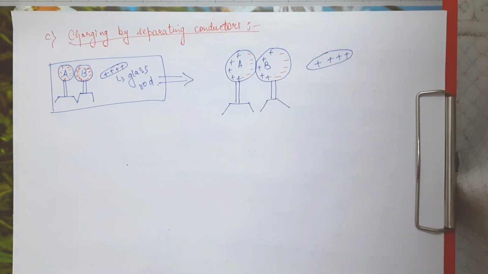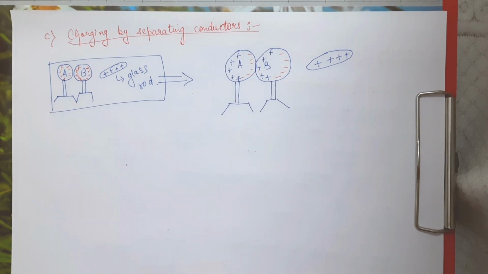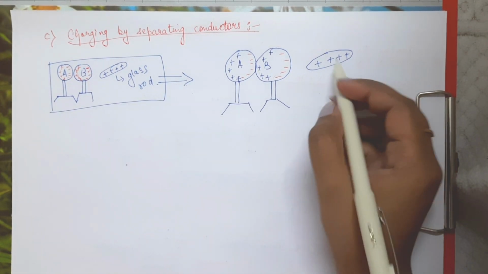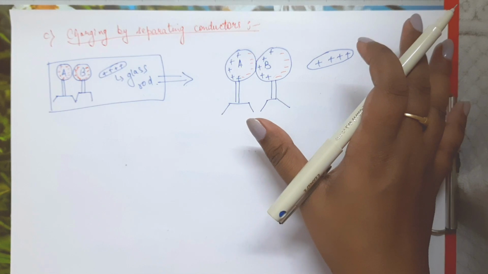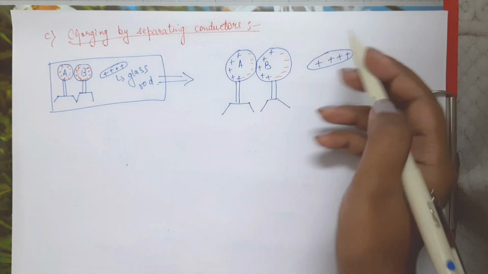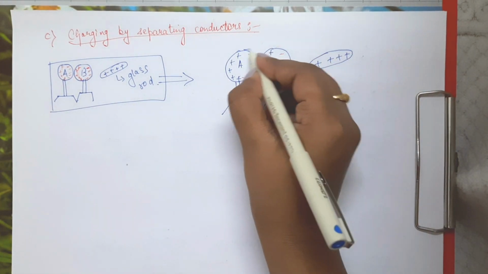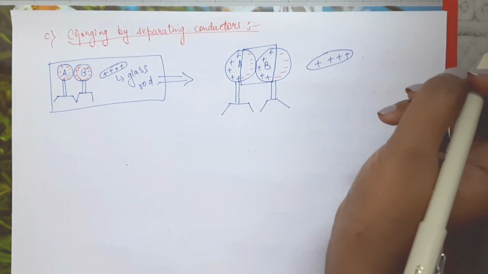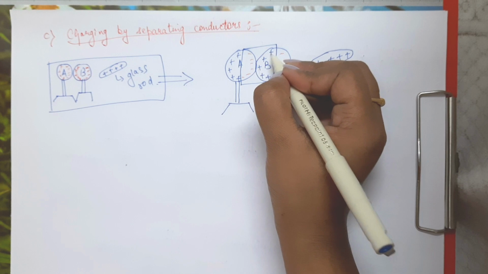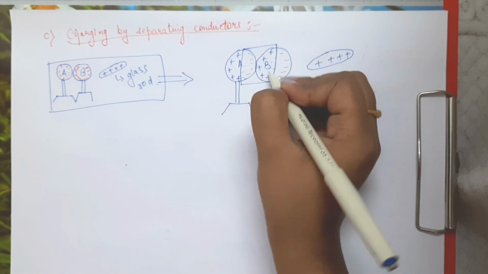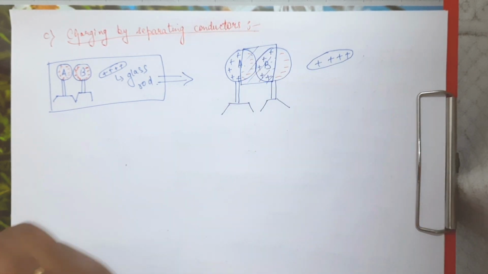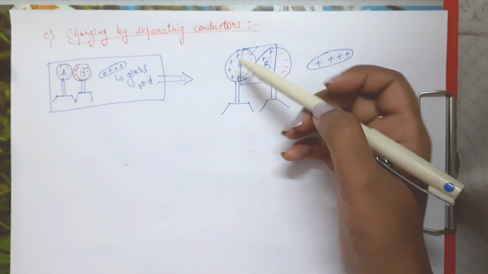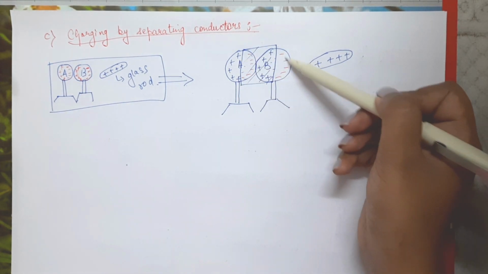What we are going to do next is, now charge distribution has happened. First, one thing we should remember is that this part is going to get neutralized, because we are having positive and negative charges with each other, so this is a neutralized part. So basically we are having positive charges here, negative charges here.